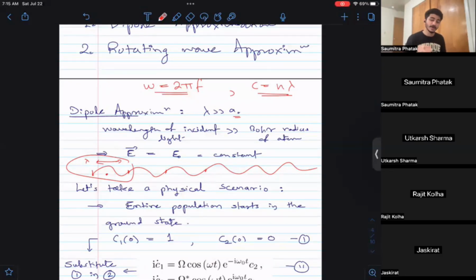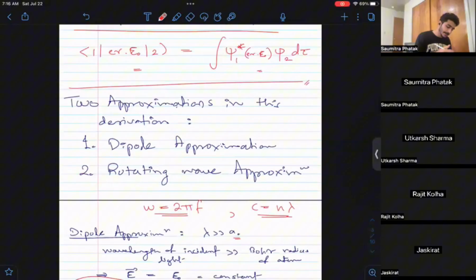It will change the phase, but it will not change the amplitude of the electric field that the atom sees. So the atom always sees the constant electric field E, but just the direction changes. So the dipole approximation is where the wavelength of the incident light is greater than the spatial extent of the atom. That's why you can take this out of the integral, or out of the transition matrix element.